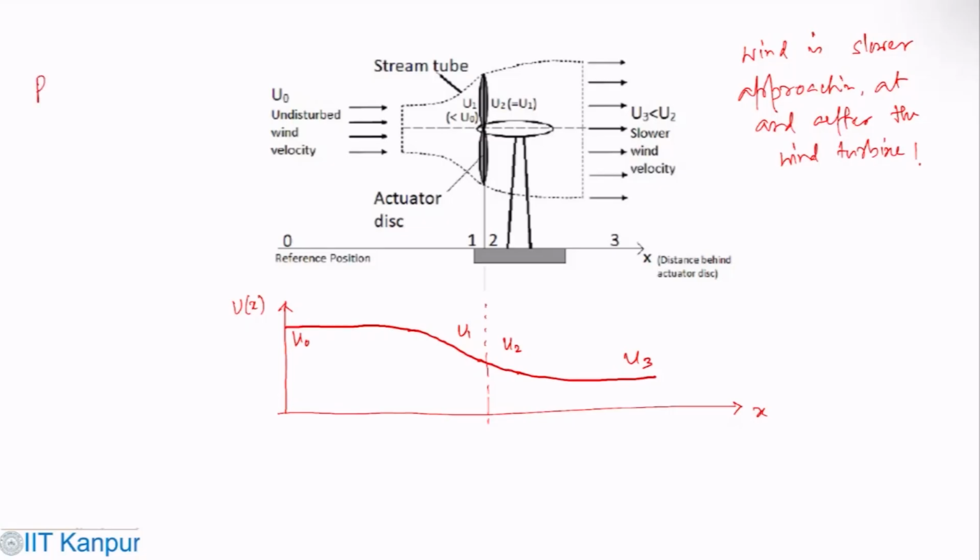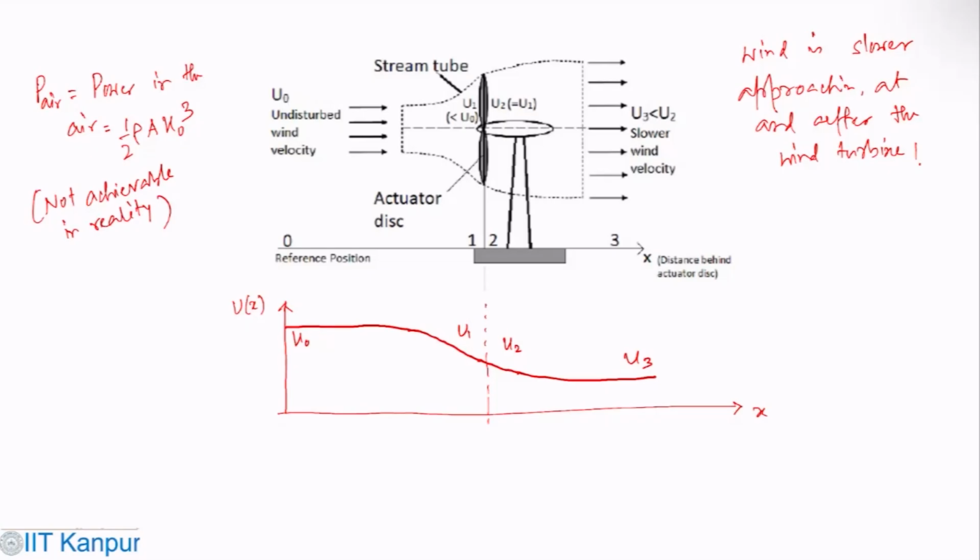So let's say P air is the power in the air that would flow through the actuator disk. If the actuator disk is not there, then this could be half rho A U naught cube, which is probably not achievable in reality, because there could be losses and other things.